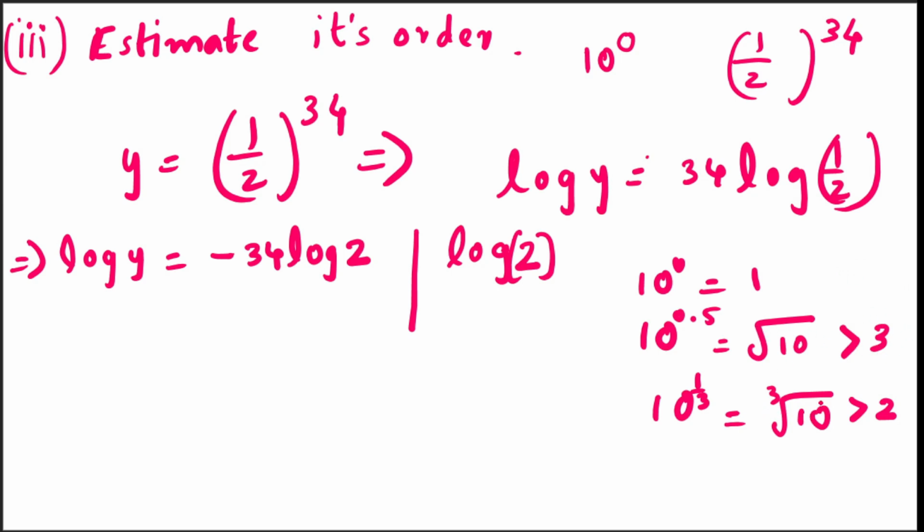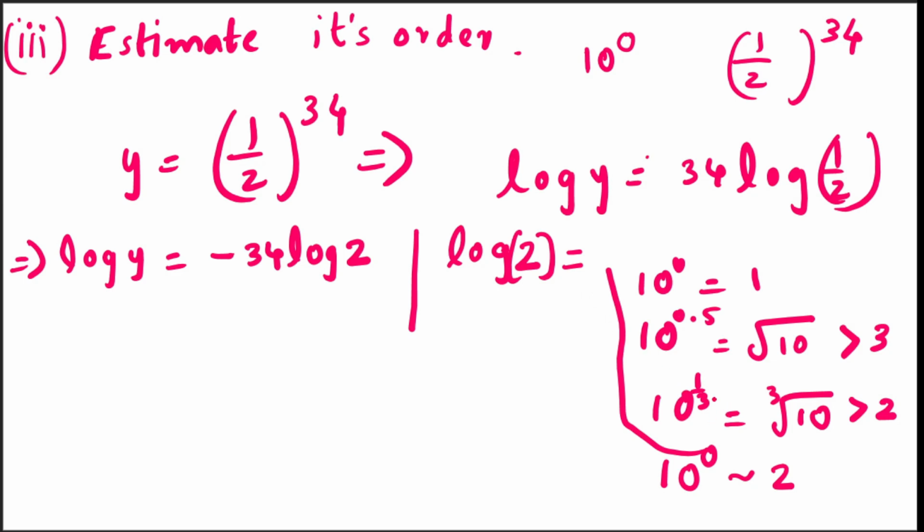And the cube root of 8 is 2, so the cube root of 10 will be greater than 2. So now we have come closer to 2, because what we have to find is 10 raised to some power that should be close to 2. That is the value of log 2, and that is what the logarithmic function is.